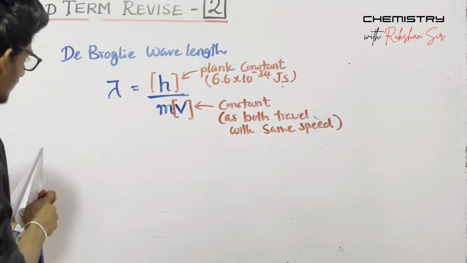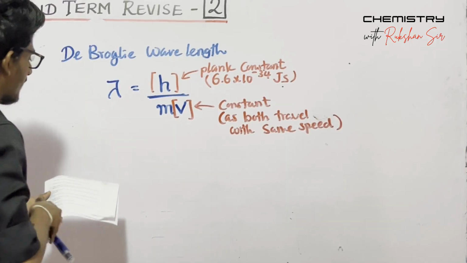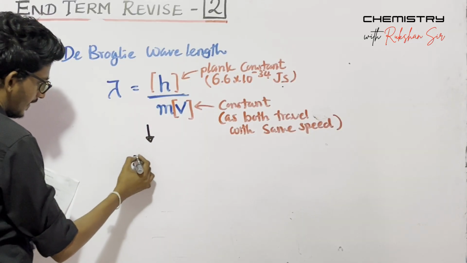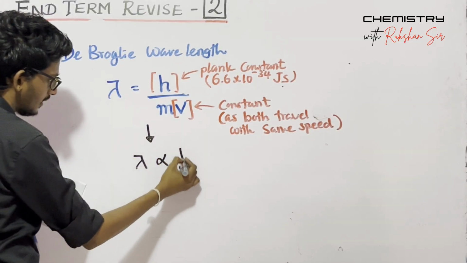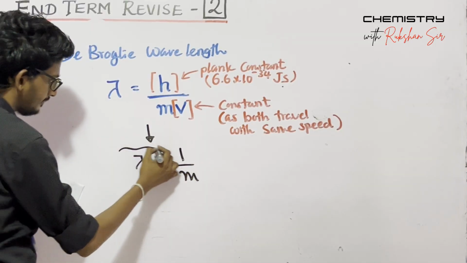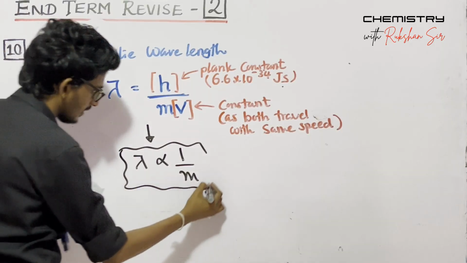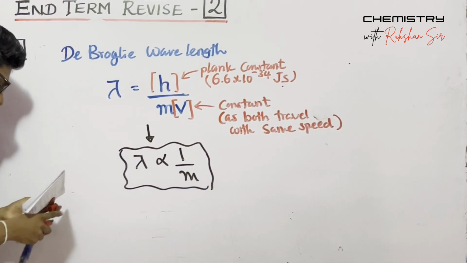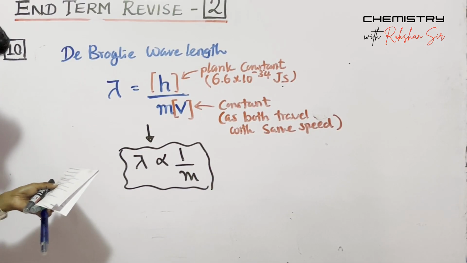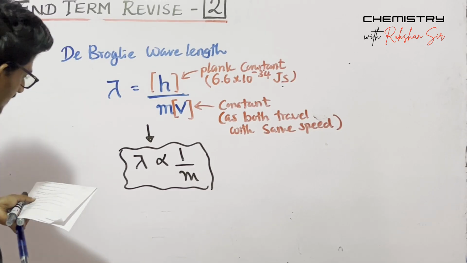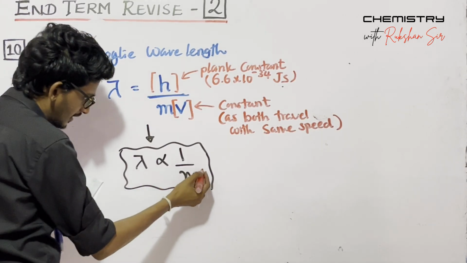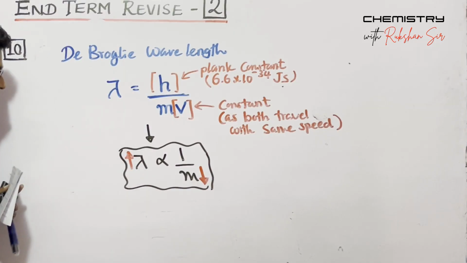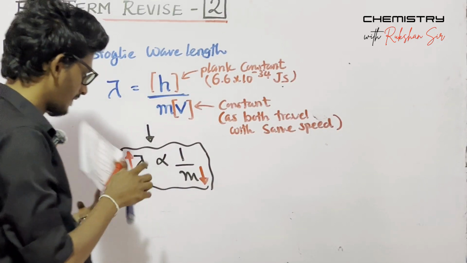So we can simplify this equation as lambda is proportional to 1 over m, right? As these two are constants. So the one with smaller mass has the greater wavelength. The one with smaller mass has the greater wavelength.